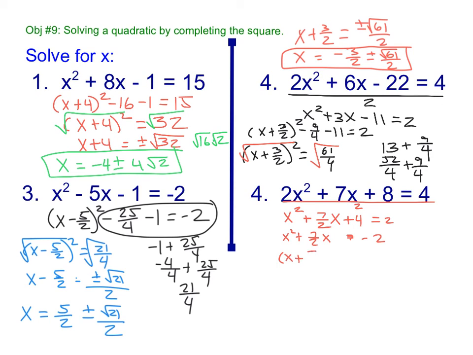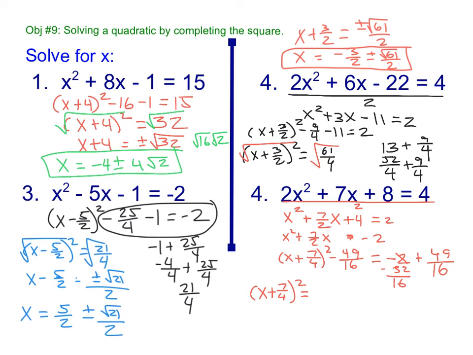So that's x plus 7 over 4 squared minus 7 over 4 squared, 49 over 16, equals negative 2. So then I'm going to add the 49 over 16 here. Uh-oh, we have a problem. Oh well. 2 needs a denominator of 16, 32. So we have x plus 7 over 4 squared equals, oh no, that worked.